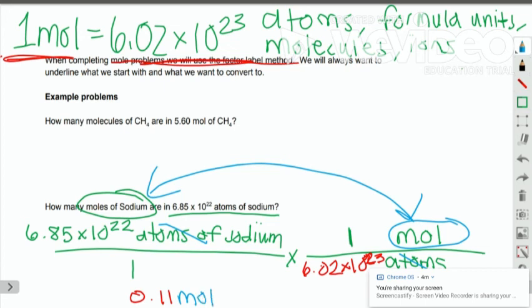So we have 0.11 mole of sodium. And if you wanted to abbreviate that, you have a periodic table, you could just do Na. Some of them would be words, and you could figure out the formula. That would be easier than rewriting the words, or you can write them smaller.